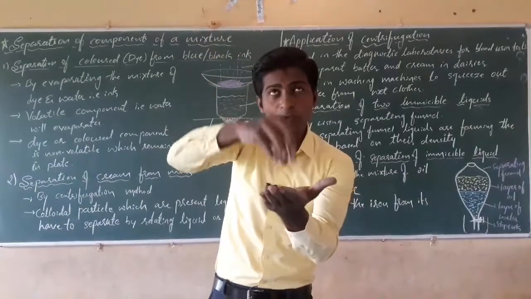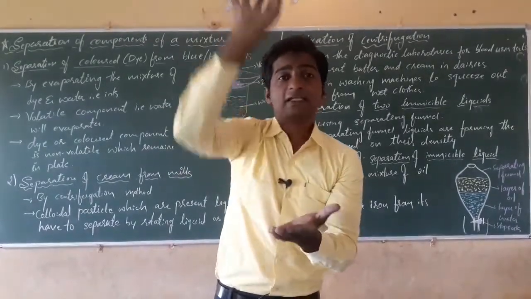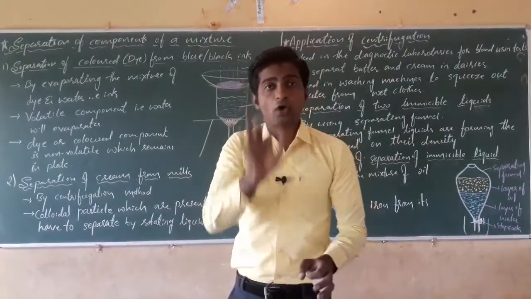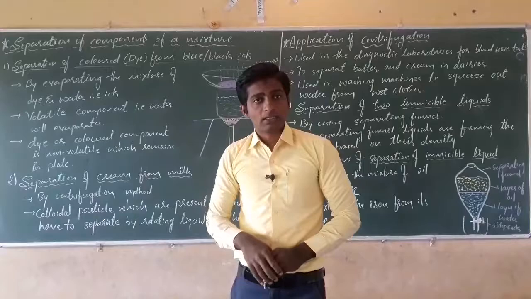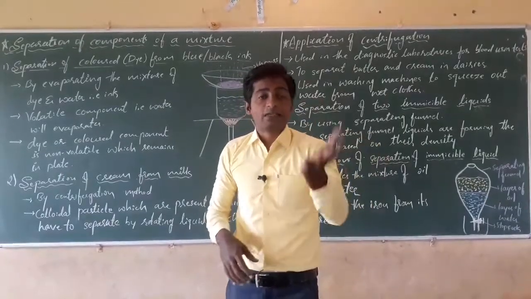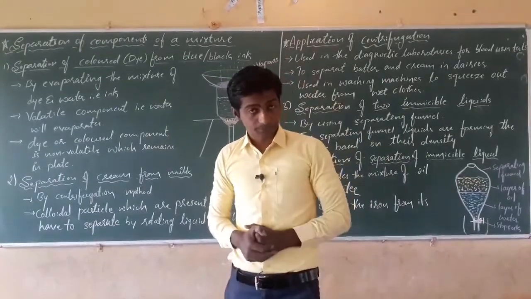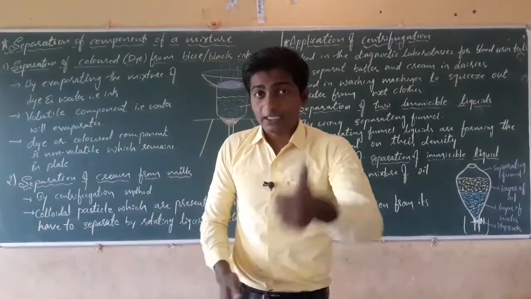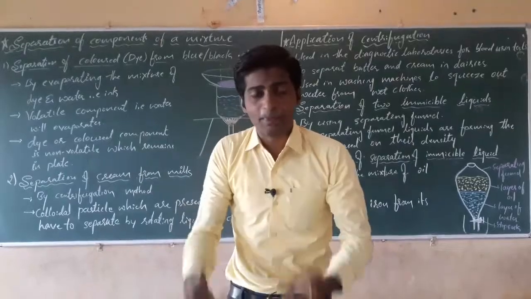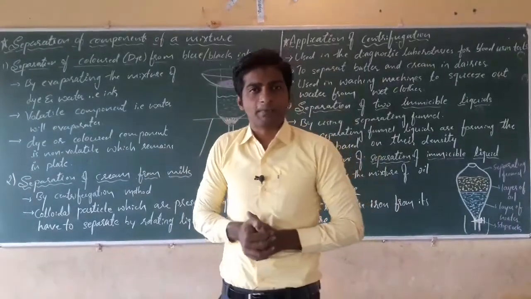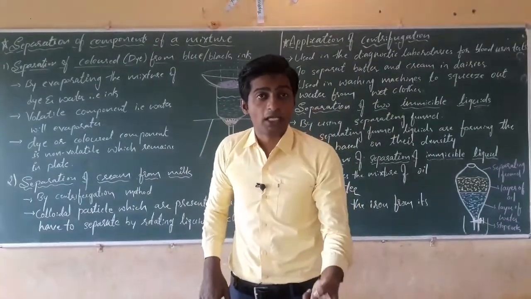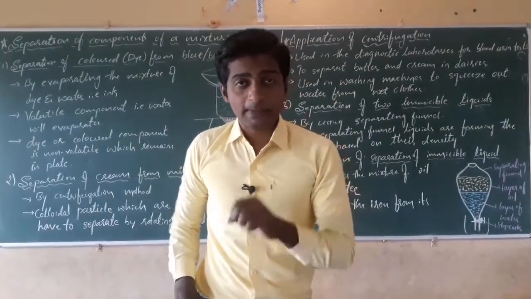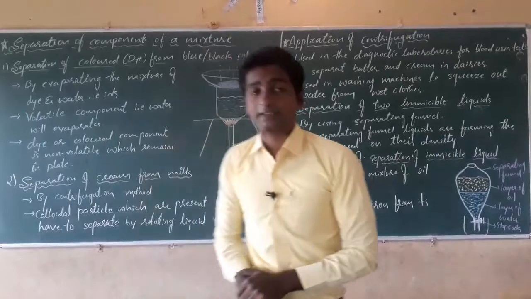Such substances which evaporate easily are called volatile substances, for example oils, water, etc. Non-volatile substances will not evaporate on heating, for example wood, soil and metals. Such substances are called non-volatile substances.